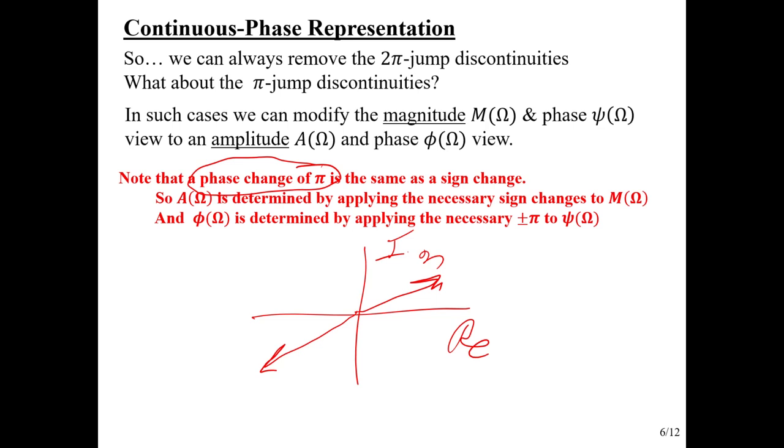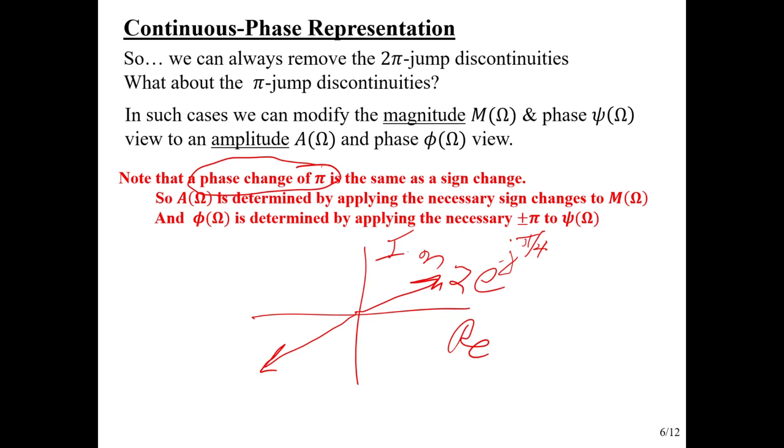Same kind of thing here, right? I could write this as, let's say this is 2e to the j, I'll just make it easy and assume that's a 45-degree angle, even though I didn't draw it, e to the j pi over 4.